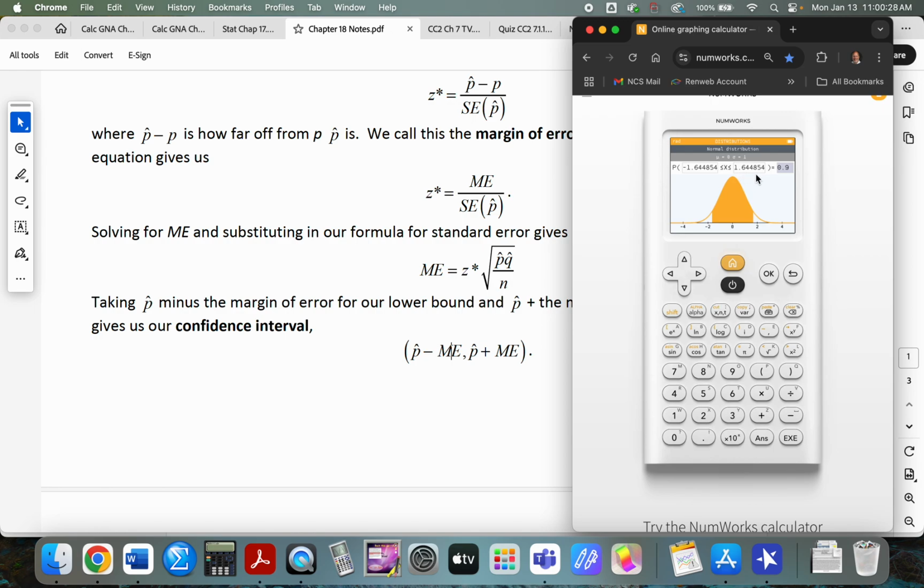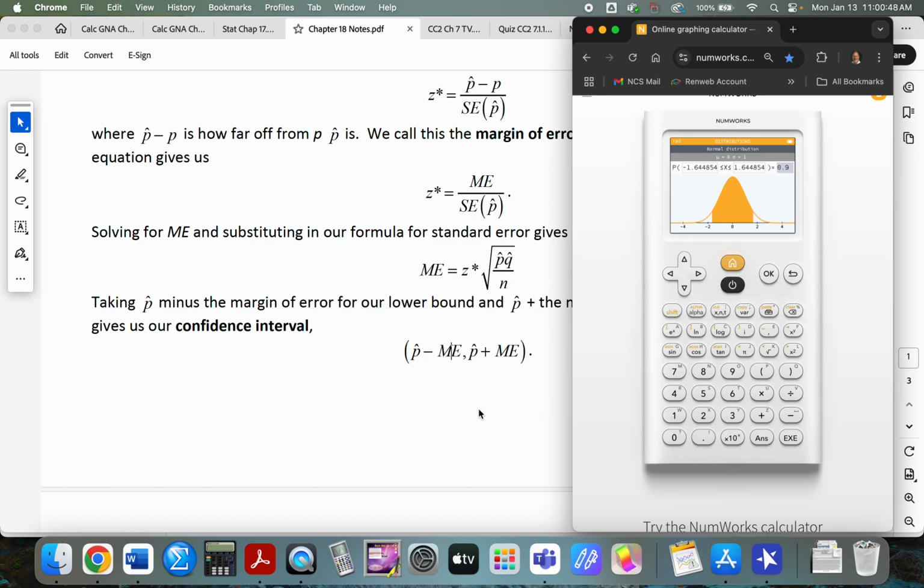So you don't ever have to do it by hand? No, you don't have to do that by hand. Finding z critical is always going to be something you use your calculator for.